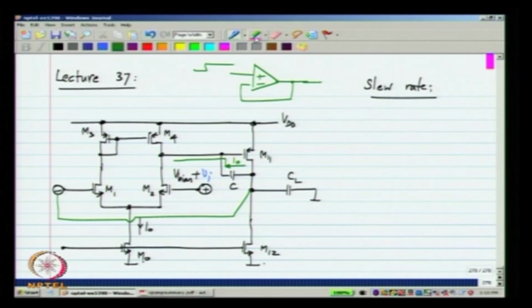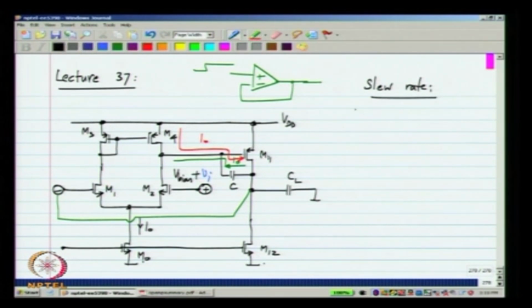Now, similarly, for large and negative values of V I, all of the current will flow through M1 and nothing will flow through M2, and there is a current I naught that can go in that direction. So, what is the rate of change of the output voltage?